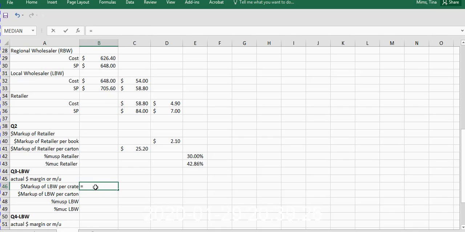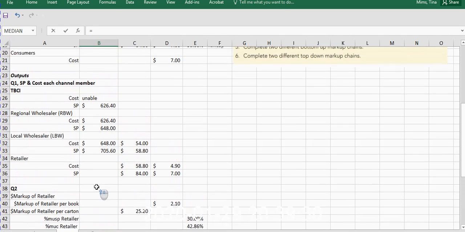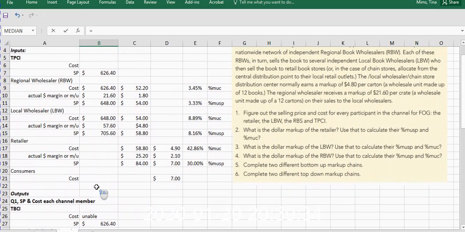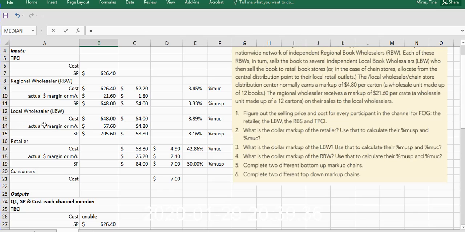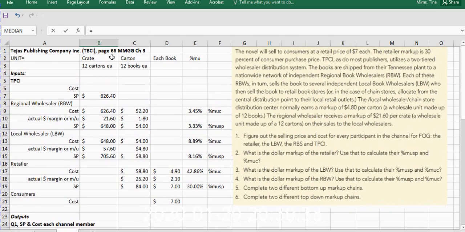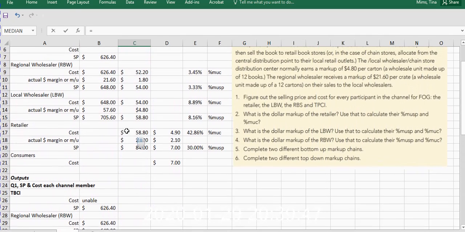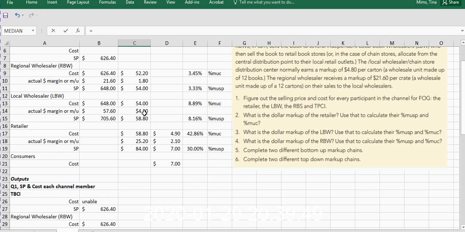Okay, so the dollar markup of LBW per crate. Okay, I think we calculated that. We did. Make sure I've got the right number. Hit enter. Okay. Dollar markup of the LBW per carton.